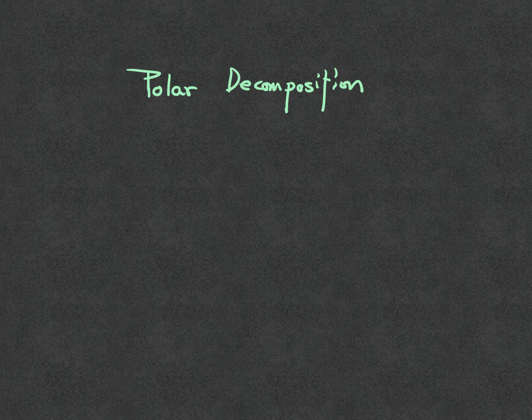For any deformation gradient, I can always decompose it into two terms. One is the rotation, another one is the stretch. There are two types of decomposition: I can put the rotation on the left, or I can put the rotation on the right. What is the physical meaning of that? They have different physical meanings.